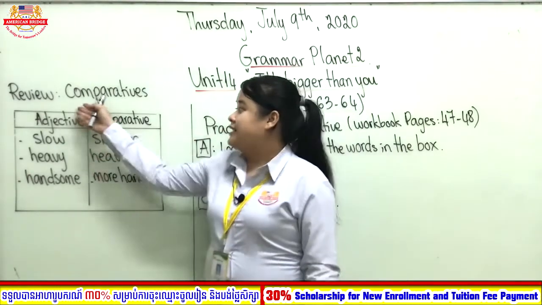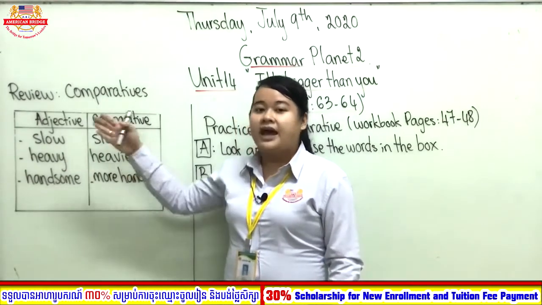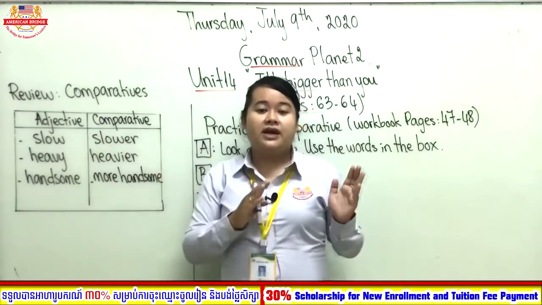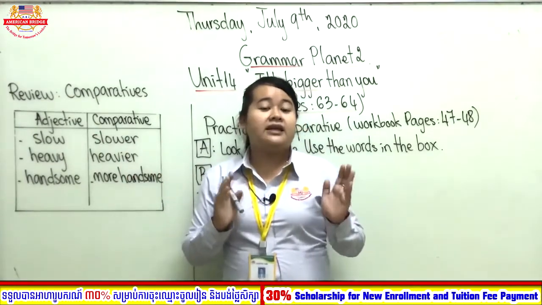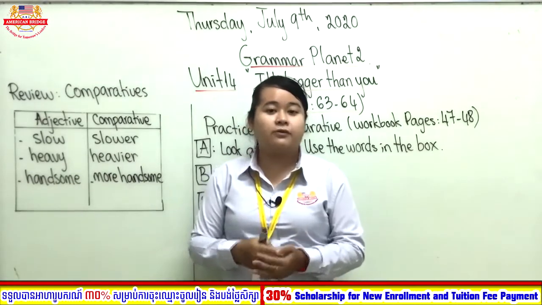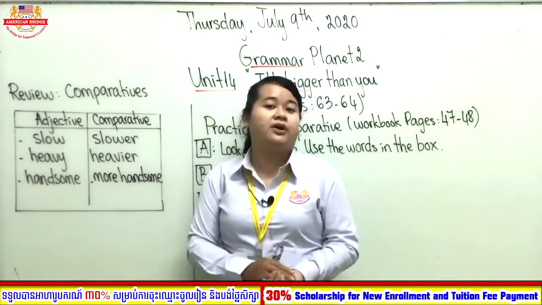So now let's look at the whiteboard. So here is the comparative form that we have, adjective and comparative. With an adjective, you need to change it to comparative: you need to add er, ier or more, right? That we can say one syllable, two syllables or more, right?